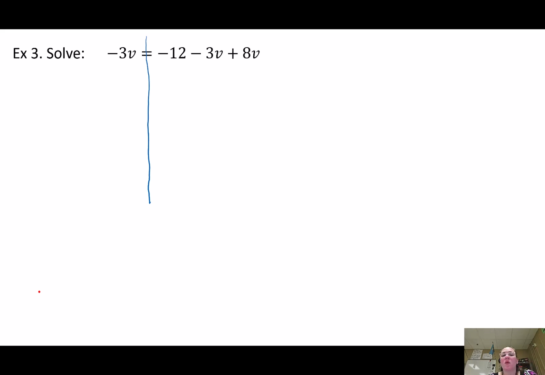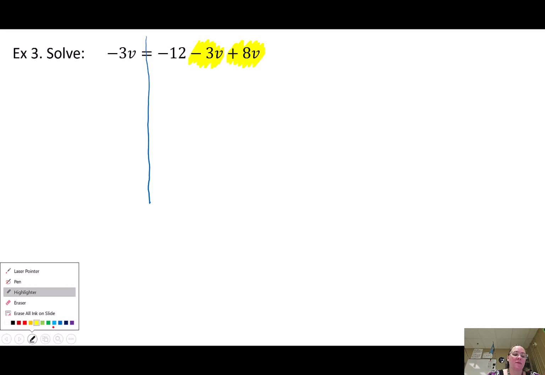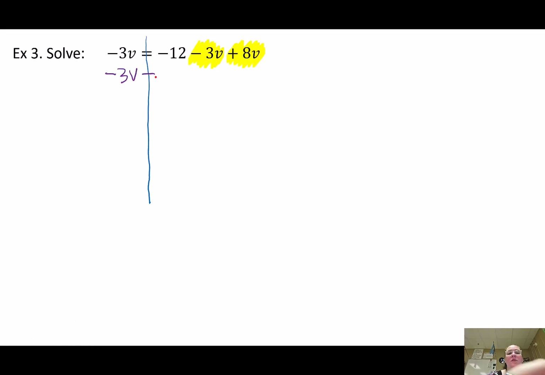But then I've got negative 12 minus 3v plus 8v. Well, negative 3v and 8v are like terms. So I'm going to add those together. So we end up with negative 3v equals, negative 12 is going to come down because it didn't have a like term. Negative 3v plus 8v gives me a positive 5v.